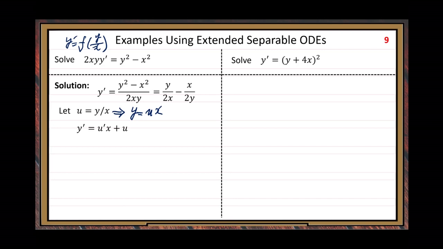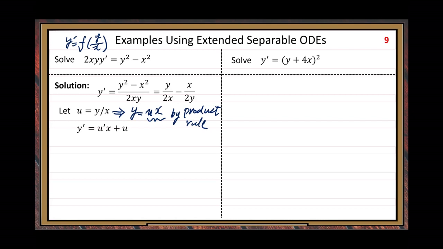Then we take the derivative of both sides, using the product rule, not the chain rule; we will use the chain rule later. By the product rule, we get u prime x plus u times x prime. x prime is 1, so that's u prime x plus u.